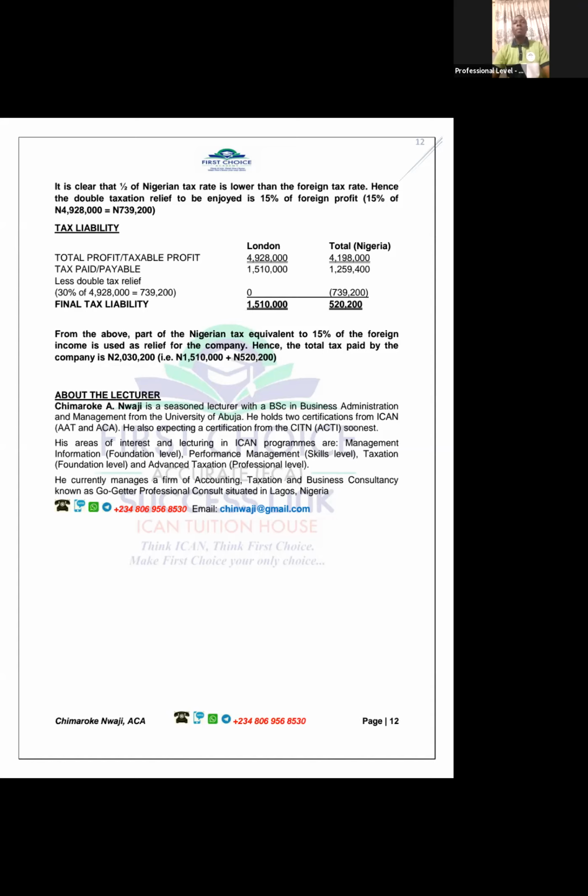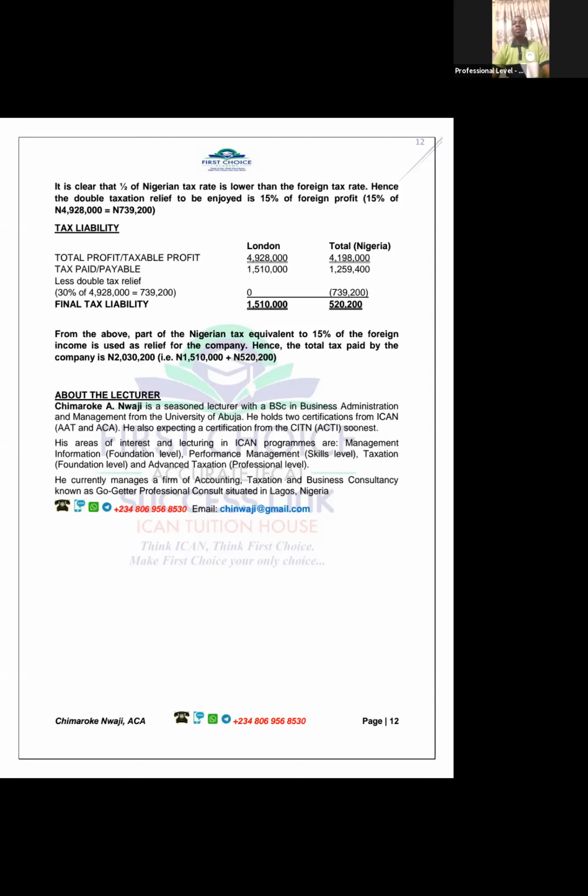So 15% of that figure gives you 739,200. So you see, 739,200 is what is deducted from Nigerian tax payable. And so when you deduct it, you have 520,200. Don't go and add the London tax payable and Nigerian tax payable and expect to see it as the total tax payable.